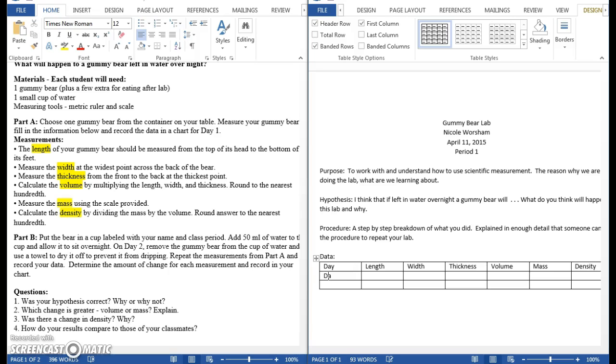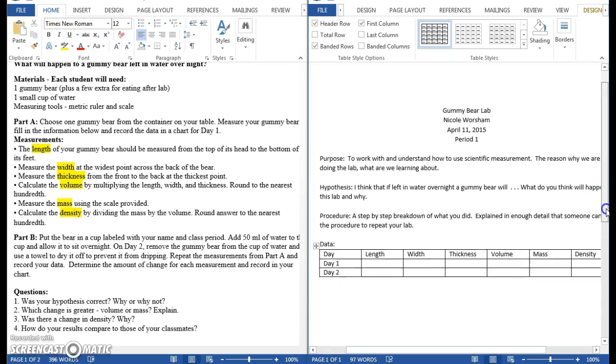Okay, so we'll have day 1 measurements, and we'll fill those in, and then we'll have day 2 measurements, and we'll fill those in. Not too bad. That's a pretty simple chart, and these are generally what your data tables are going to look like. Eventually you'll start to graph and chart these things, and this is an easy way to record and keep your information all compiled into one.